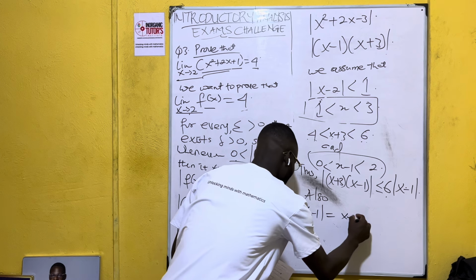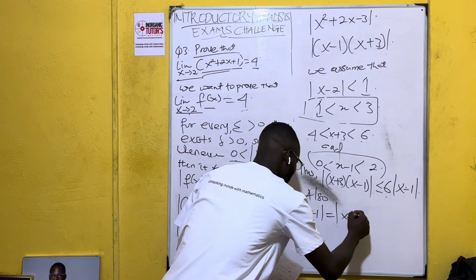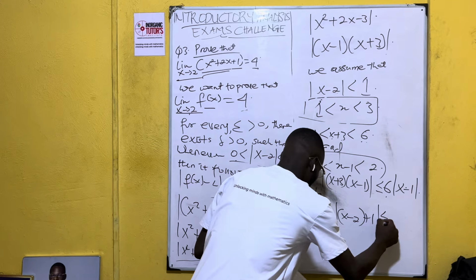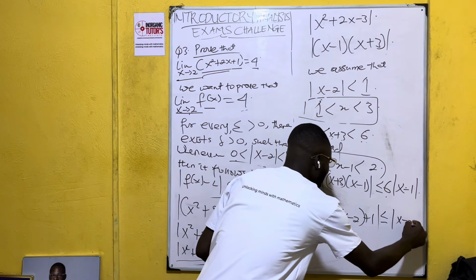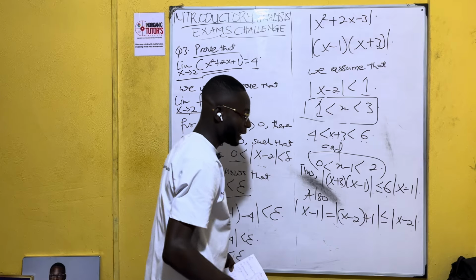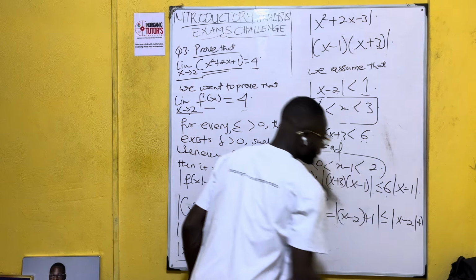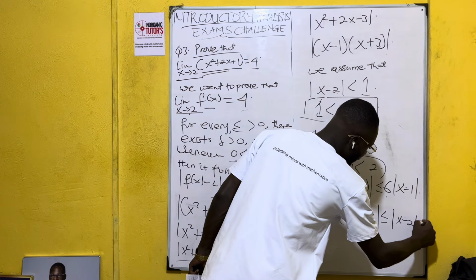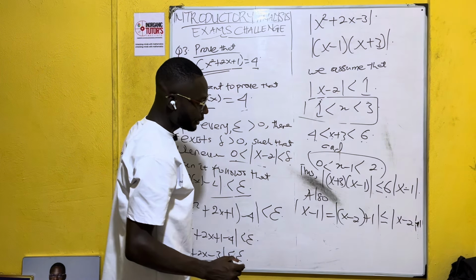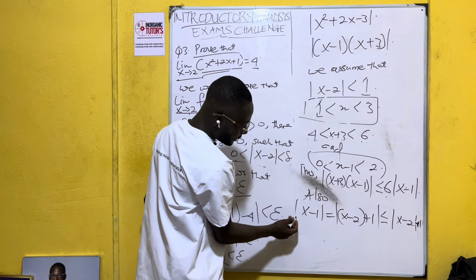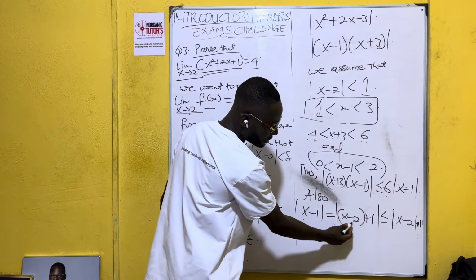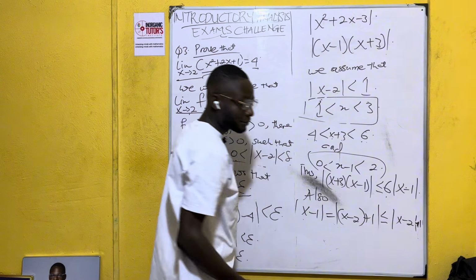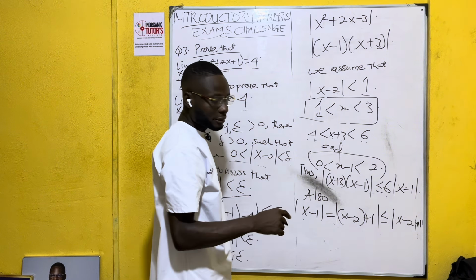And also we have the absolute value of x minus 1 equal to x minus 2 plus 1, less than or equal to the absolute value of x minus 2 plus 1.